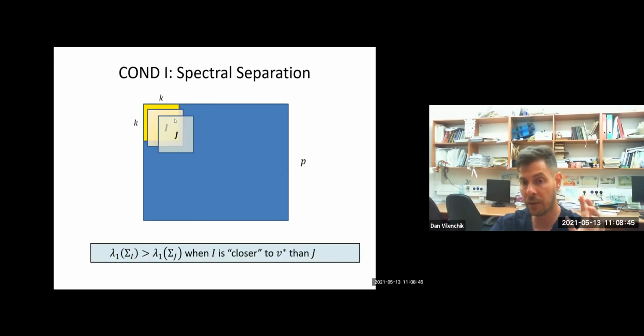If we have two candidate solutions, I and J, and the intersection of I with the planted solution is larger than the intersection of J with it, then the variance explained by the submatrix indexed by I is larger than the variance explained by the submatrix indexed by J. Namely, a greedy algorithm that just wants to maximize variance will drift towards the right solution if it sees this progression of solutions. So this is one condition.